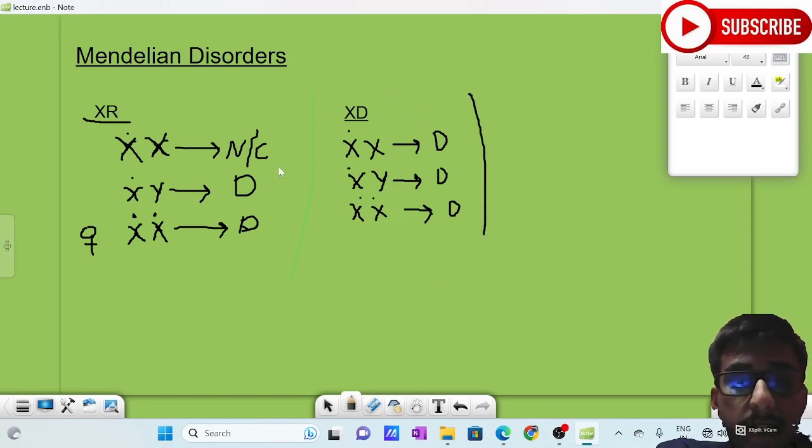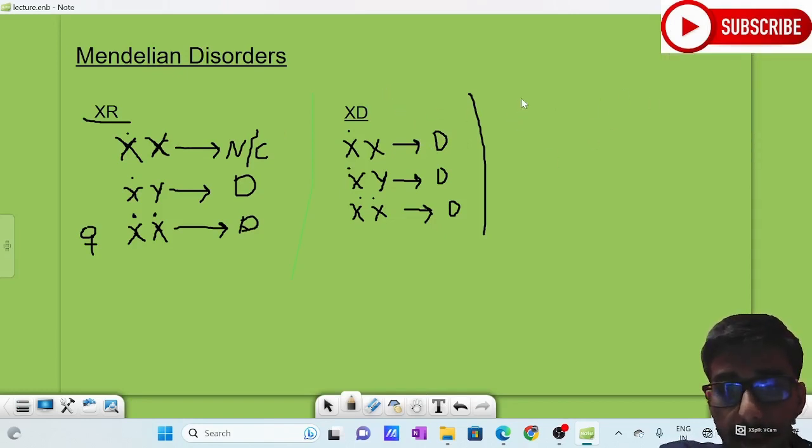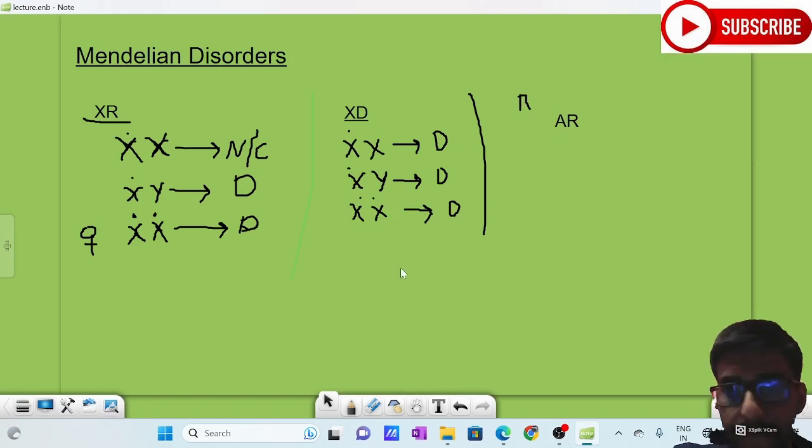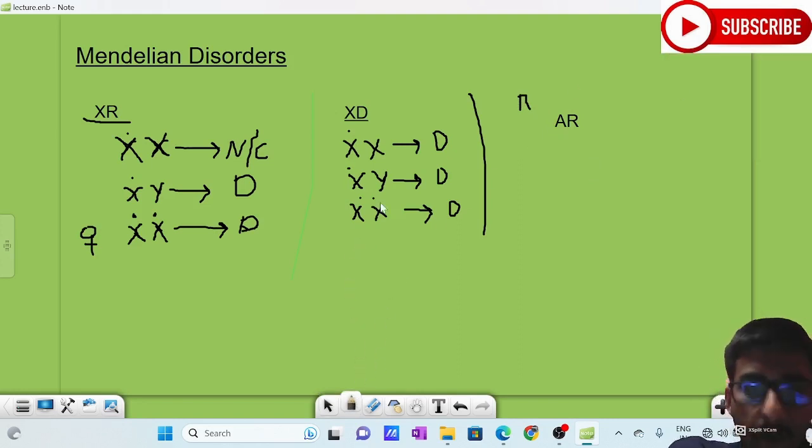So this is the case of X-linked dominant. Now we are going to discuss autosomal recessive disease, AR. What is autosomal recessive? In autosomal recessive, the mutation is in the autosomal genes.